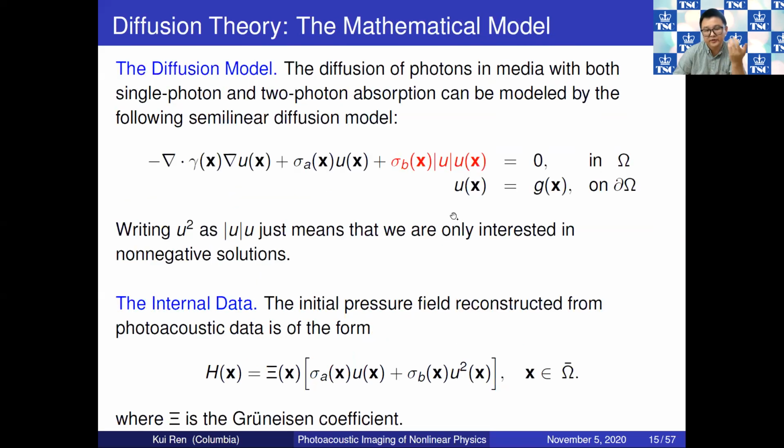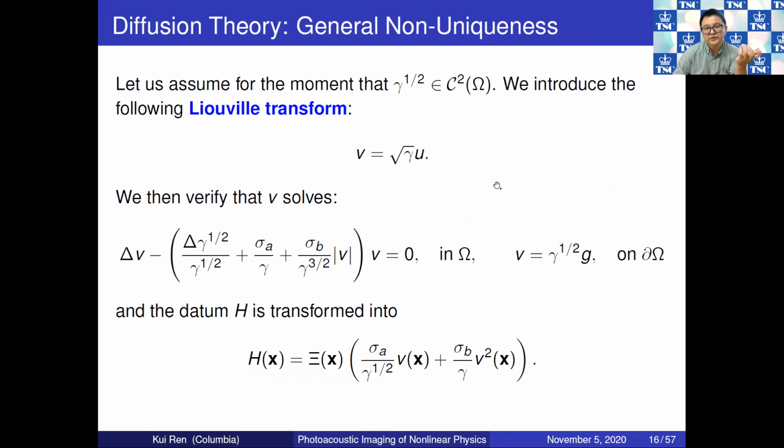The first thing you notice by a very simple calculation is that, I forgot to mention for people who don't know, this gamma here, the diffusion coefficient, is related to the scattering coefficient in the transport equation. If you are really interested in reconstructing gamma, sigma A, sigma B, now you have three coefficients here, and also the Grüneisen coefficient, you cannot do that.